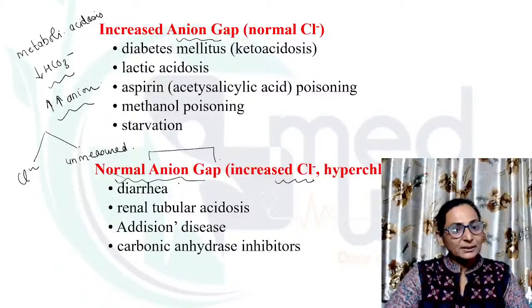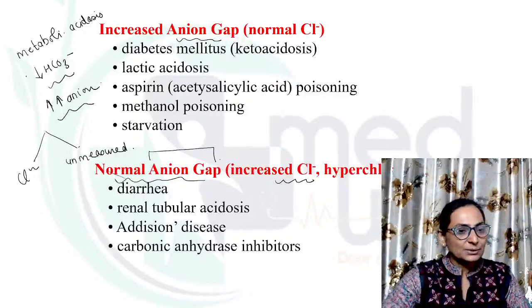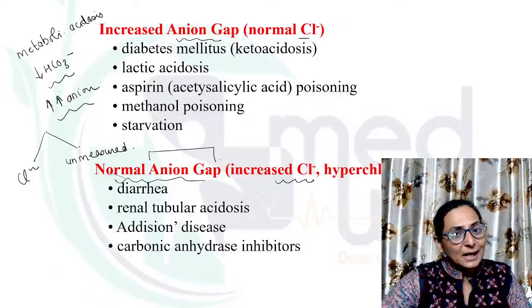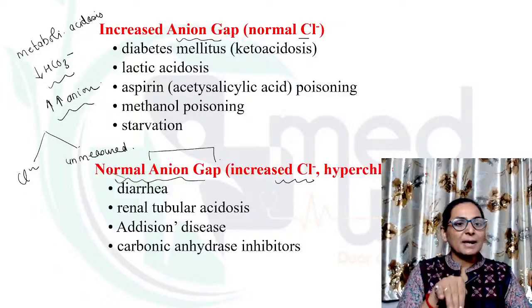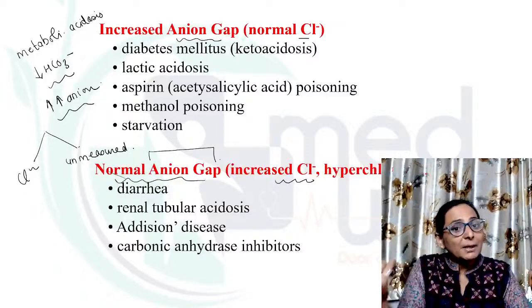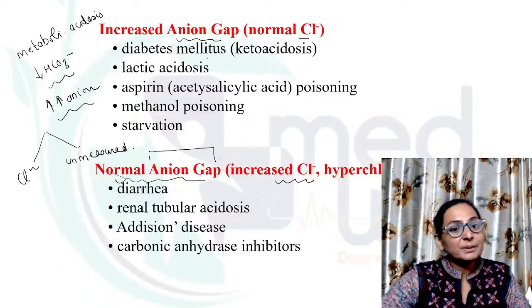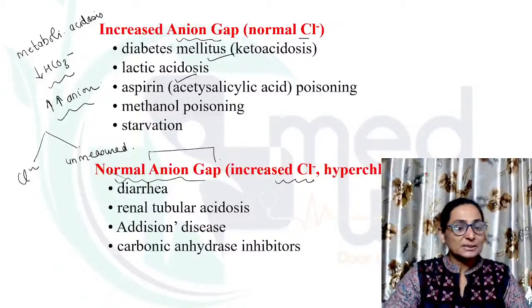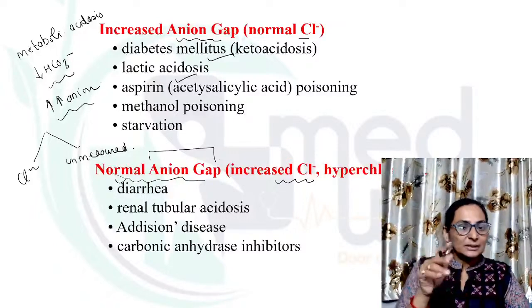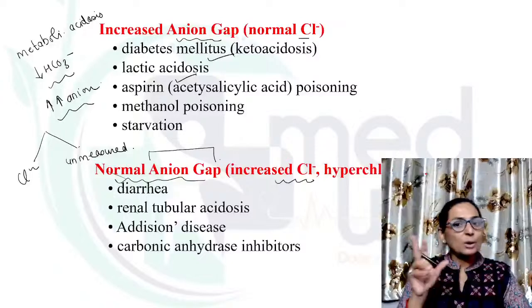On the contrary, if there is metabolic acidosis with a decrease in bicarbonates and the chlorides are normal, that means the body compensated the decrease in bicarbonates by increasing unmeasured anions. For example, diabetes, for example, lactic acidosis. So what happened here? The anion which was increased is not chloride.